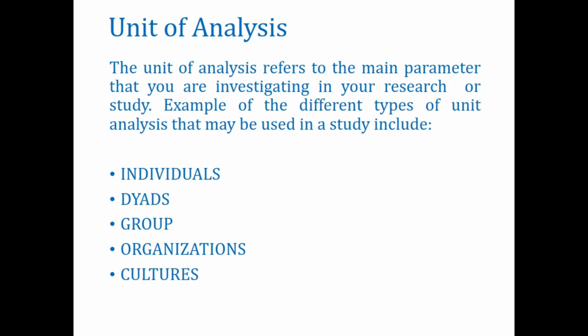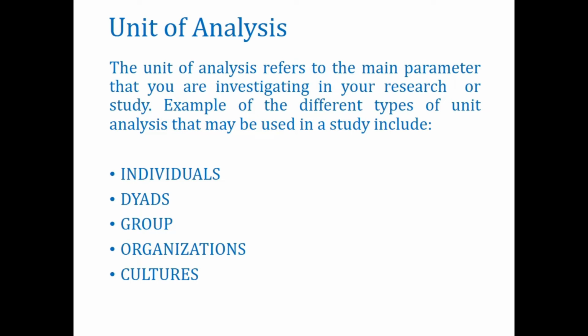If the researcher is interested in studying two-person interaction, then several two-person groups, known as dyads, will become the unit of analysis. Husband-wife interactions in a family and supervisor-subordinate relationships at the workplace are good examples of dyads as the unit of analysis.